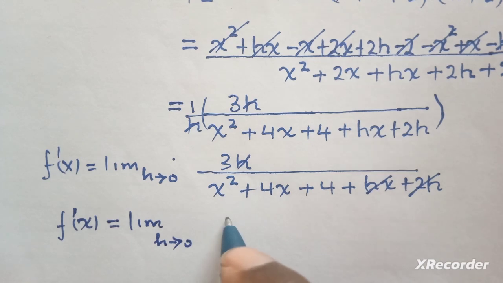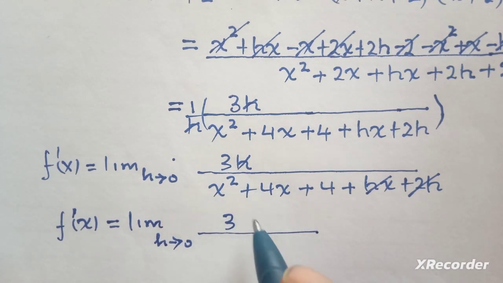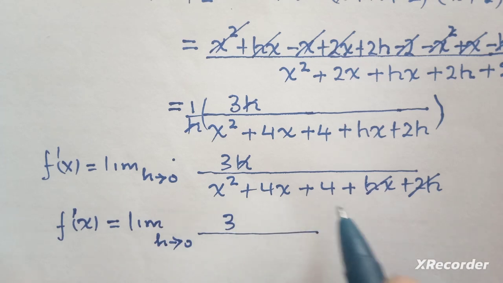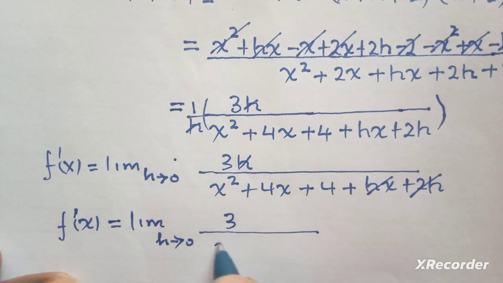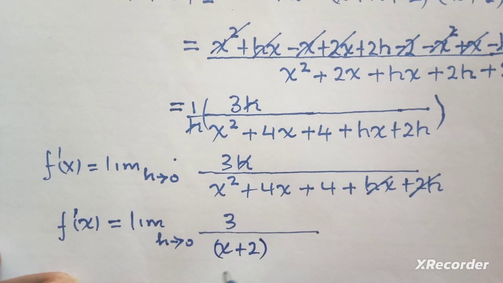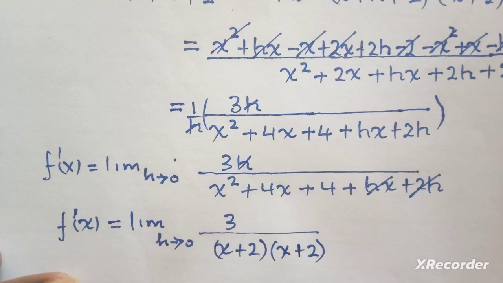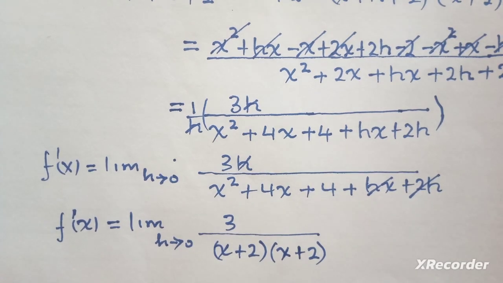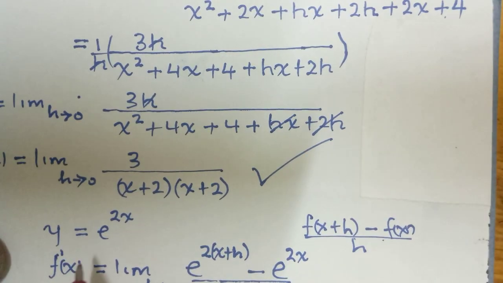Then we shall have 3 all over, now x squared plus 4x plus 4 is actually a complete square of x plus 2, x plus 2, like that. So guys, this is then our answer for that. And then guys, I can go to the next question, which is here.